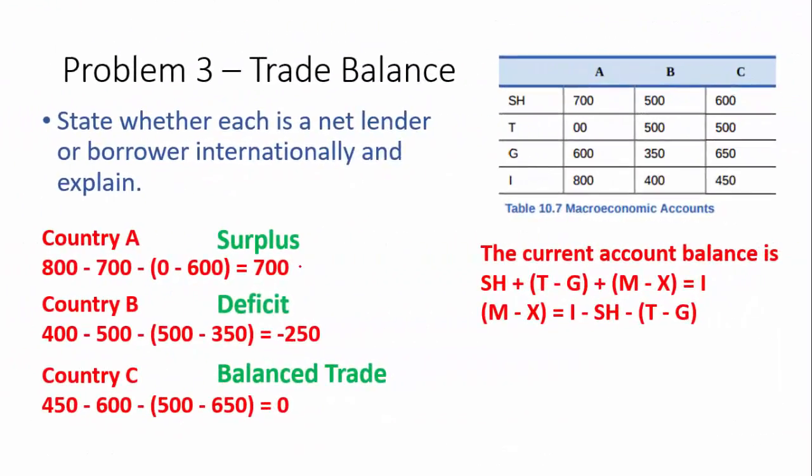Next, this part may get a little tricky, just understanding how this works. State whether each is a net lender or a borrower internationally and explain why. So country A is a borrower. The reason it's a borrower is because we're getting more from other countries than we're giving, so we're borrowing more on the total trade balance side of things.